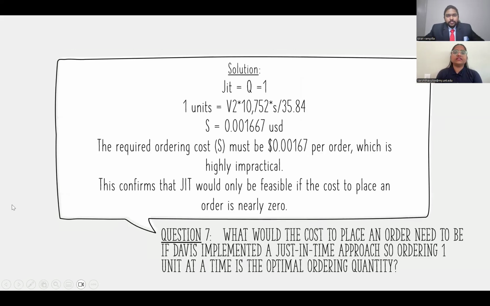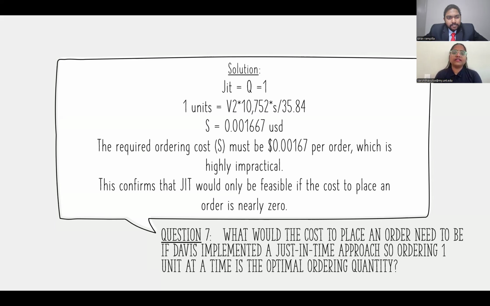In question 7, we are discussing Peter's plan of implementing a just-in-time approach to place an order. In just-in-time, the order quantity we took here is 1. For 1 unit, the ordering cost we got is $0.001667.